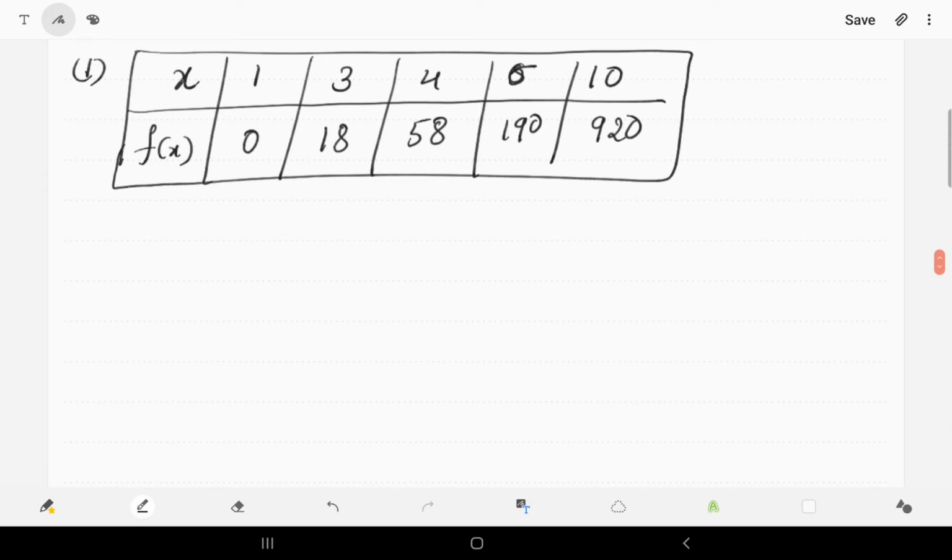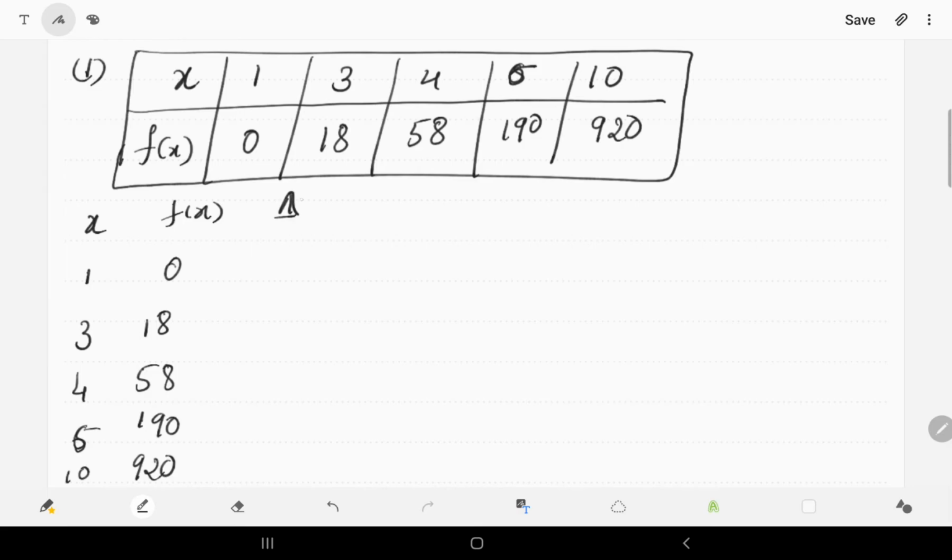Here, if you observe the x values, they are of unequal intervals. So we use this divided difference method. x is 0, 1, 3, 4, 6, 10, and f of x is given by 0, 18, 58, 190, 920.